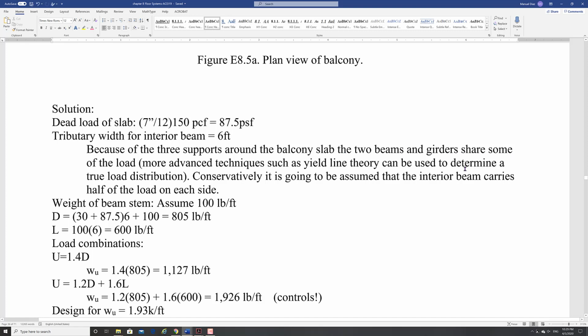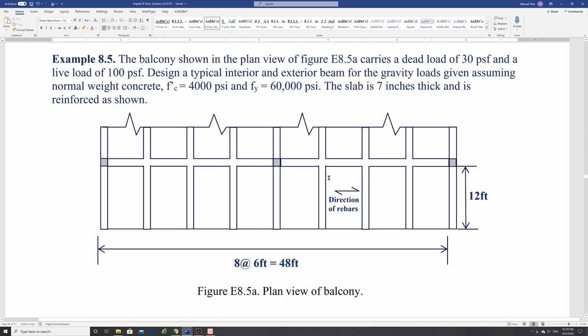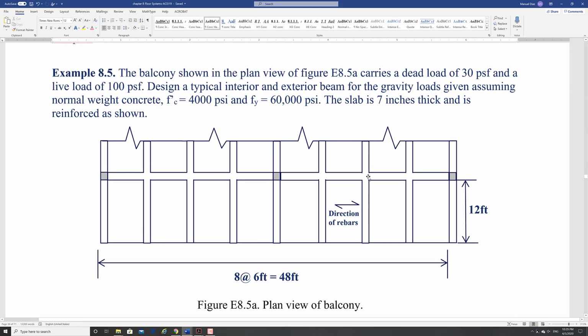Now, because really you have a support and a support, some of the load is really going here, okay? Some. But that's a more advanced technique, and hopefully you learn that in the advanced reinforced concrete class.